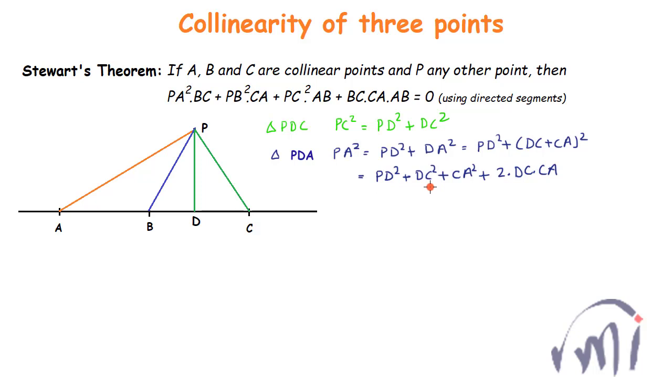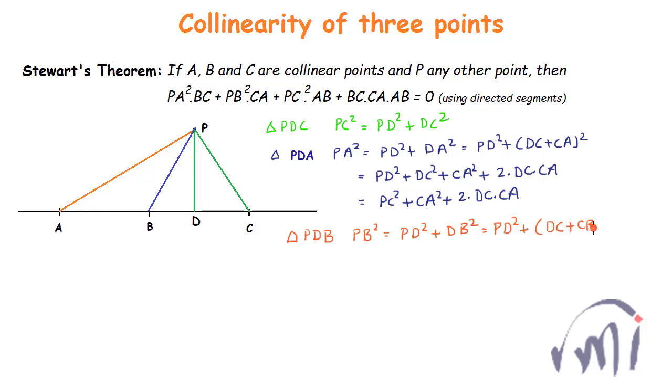And this PD square plus DC square is equal to PC square. So this can be written as PC square plus CA square plus 2 times DC dot CA. And now if I take triangle PDB, here PB square can be written as PD square plus DB square, and this DB can be written as DC plus CB. So this can be written as PD square plus (DC plus CB) whole square.